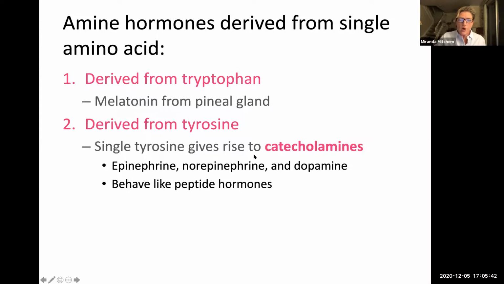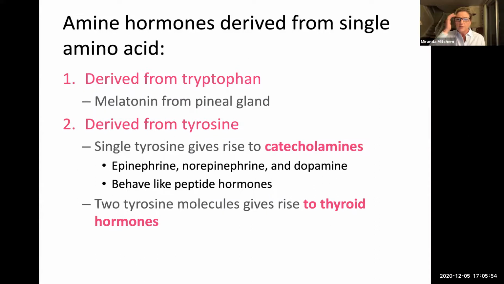Now, the catecholamines behave similarly to the peptide hormones in terms of how they move and how they interact with receptors and their target cell. The thyroid hormones are made from two tyrosine molecules.